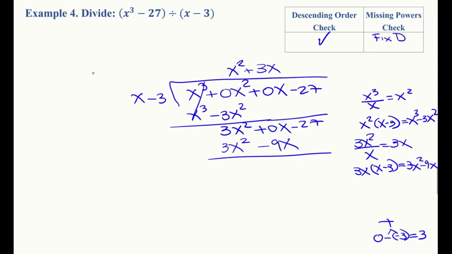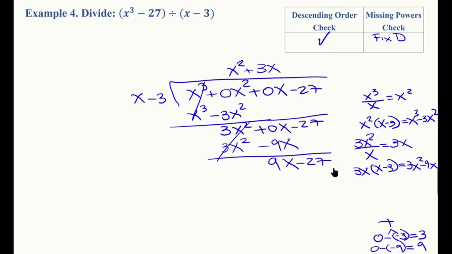All right, now we go ahead and subtract. These cancel out. Once again, remember we have 0 minus -9, which is +9. So we get 9x. Bring down the -27. Now repeat the process. So we're going to divide 9x, because remember, we need to keep going because the degree here is 1 and the degree here is 1.